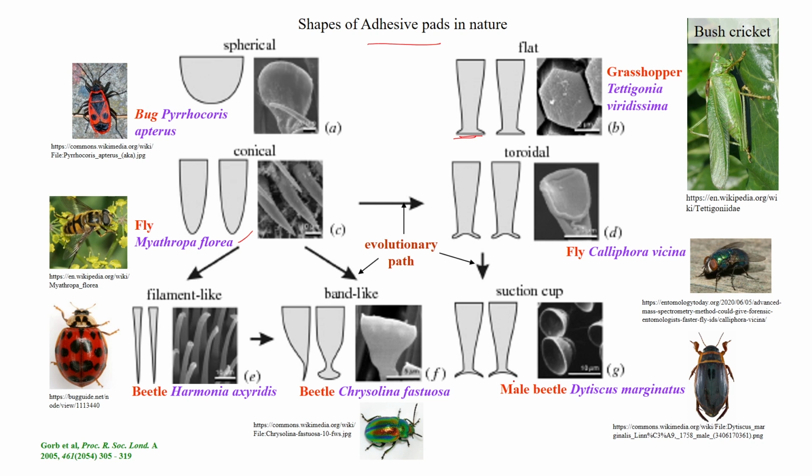Now, the question is how do these different shapes, sizes and number density of adhesive pads help these natural organisms to adhere to different surfaces. In order to know that, we need to understand the contact mechanics of these kinds of shapes on a given surface.